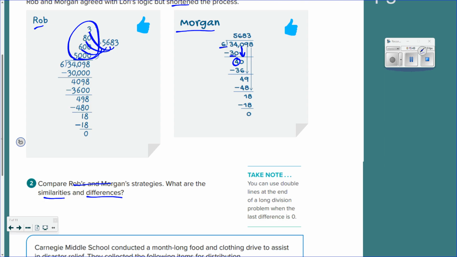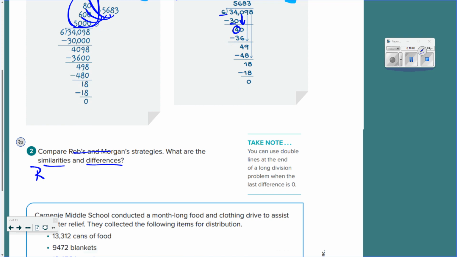David? This one's basically standing out. Rob is all subtracting. Now Morgan is just, yeah, basically the same thing. Okay, so Rob's subtracting bigger numbers. That's the difference.